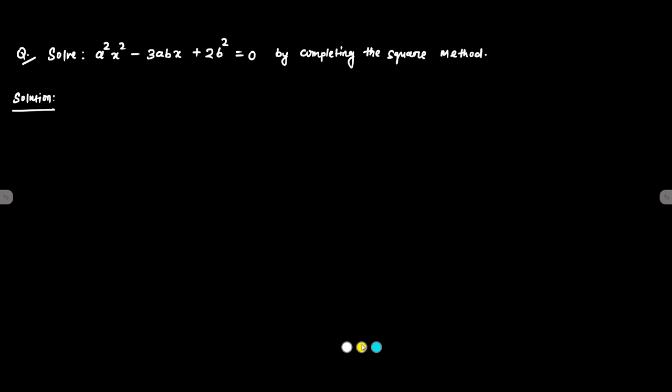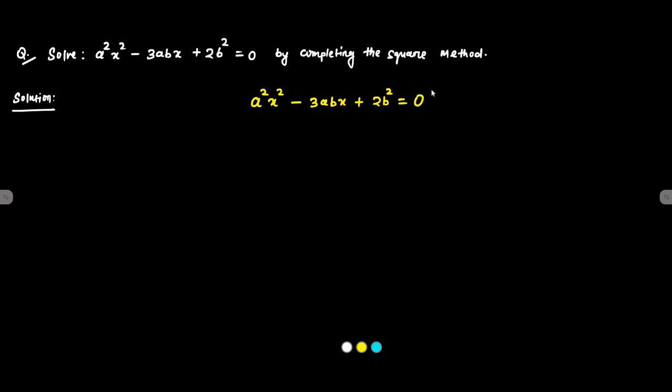So first we'll write the quadratic equation, that is a square x square minus 3abx plus 2b square is equal to 0.